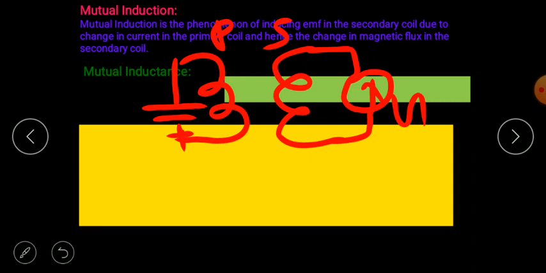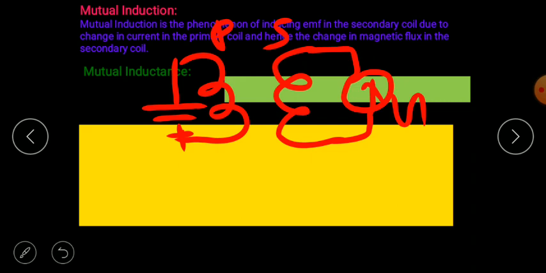These two coils are placed very close to each other. So as the key is closed in P, the galvanometer shows deflection. It is due to mutual induction, as explained.